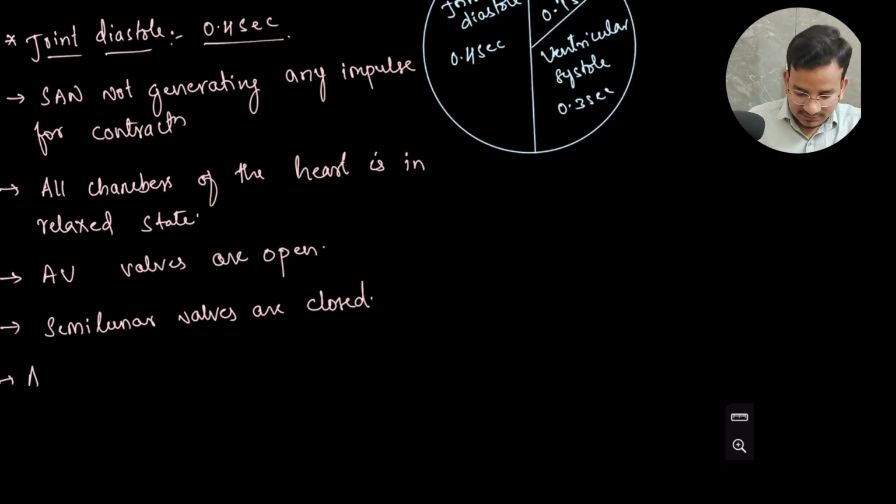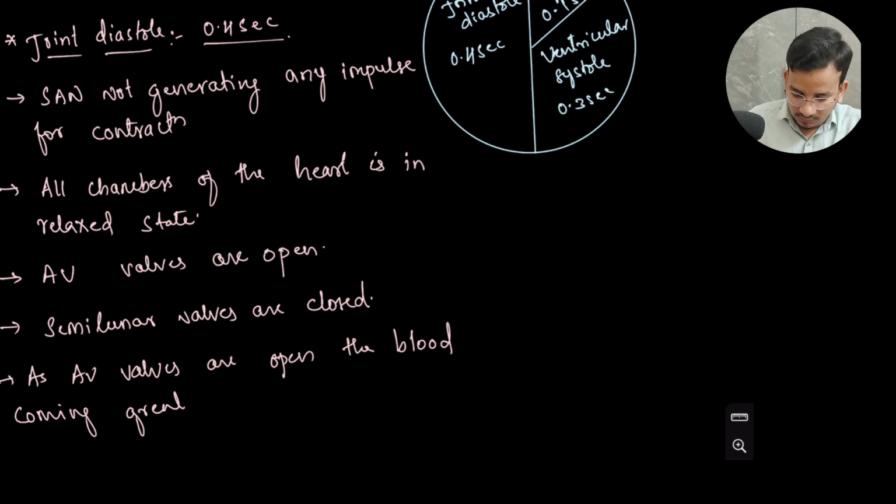As the AV valves are open, the blood coming from the great veins into the atria directly enters the ventricles.